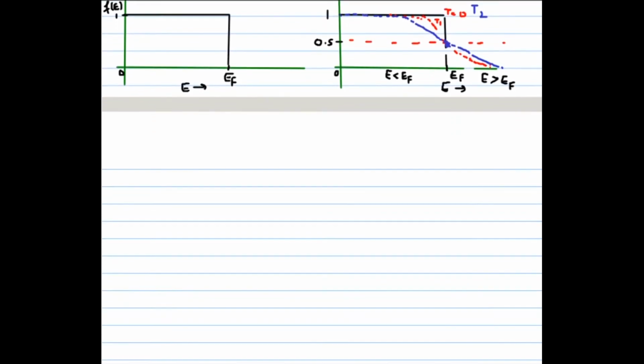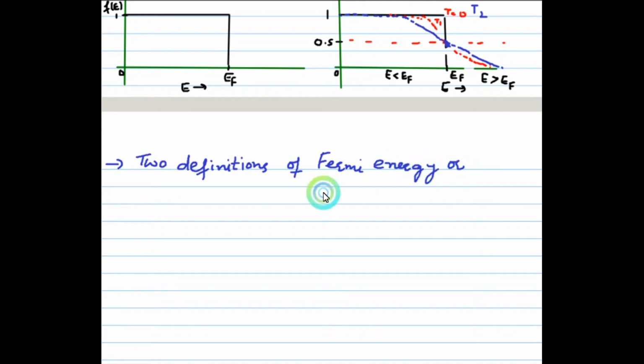So from these two analyses, we can have two definitions of Fermi energy or the Fermi level. So how do we define it?